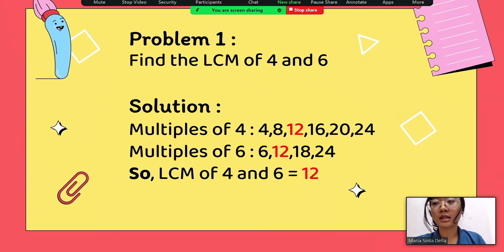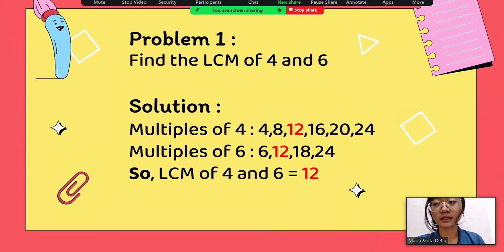So they are both common multiples, but the LCM means the lowest or least common multiple, and the smallest number in both lists is 12. Then we just say the LCM of 4 and 6 is 12. That's pretty easy.